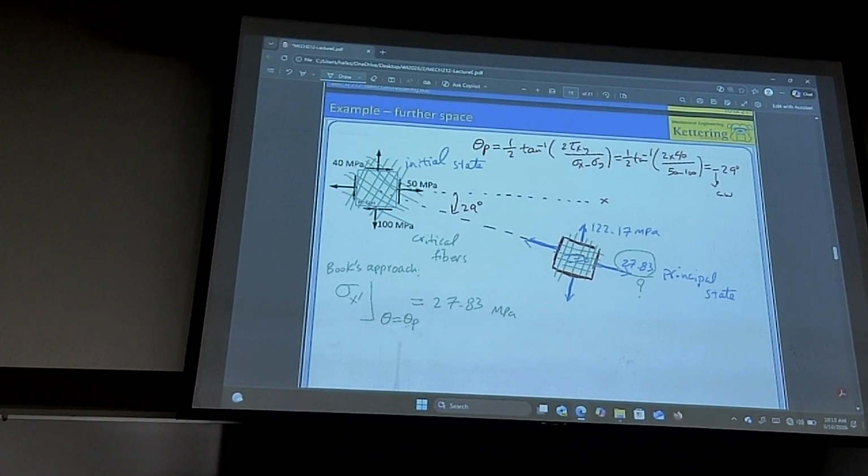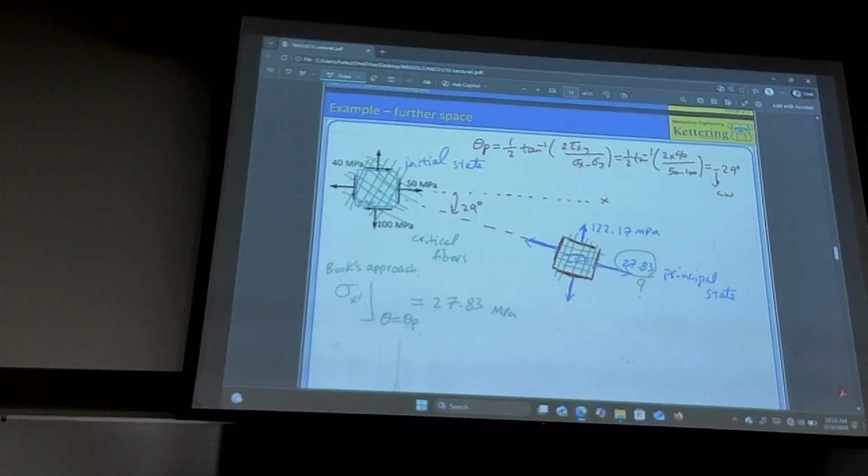So, where is the negative sign? Why don't we do that? This should be negative, this should be negative. I think this is. But look at this, I got the right answer.